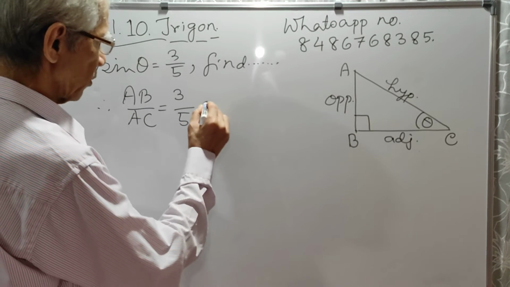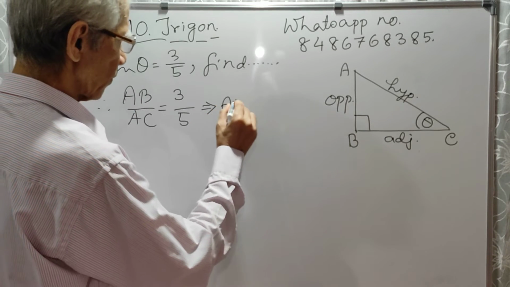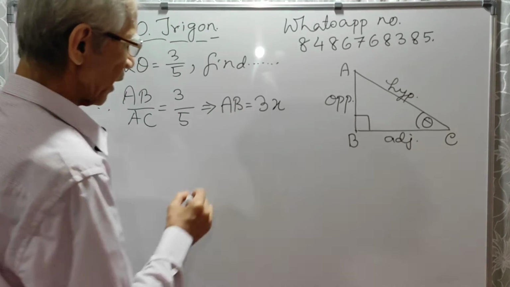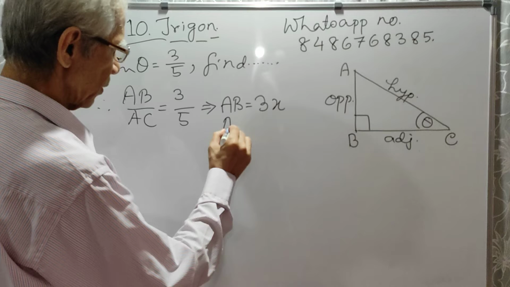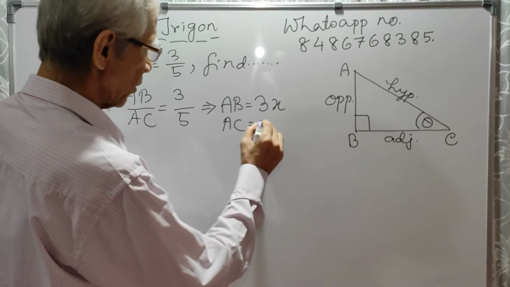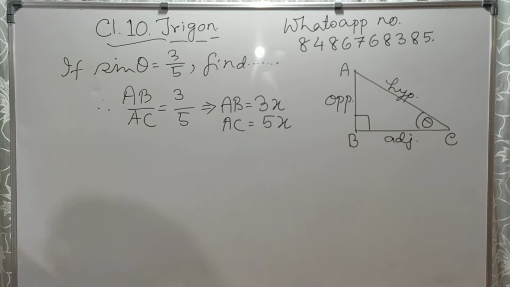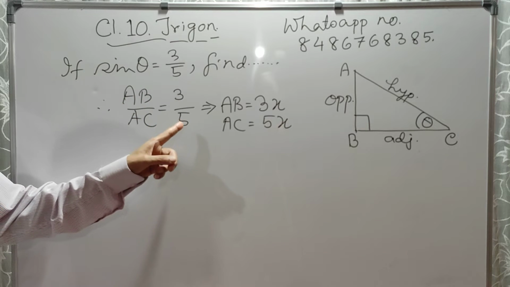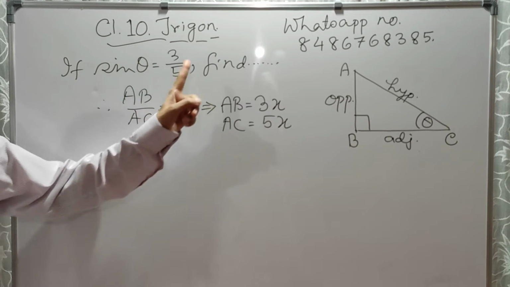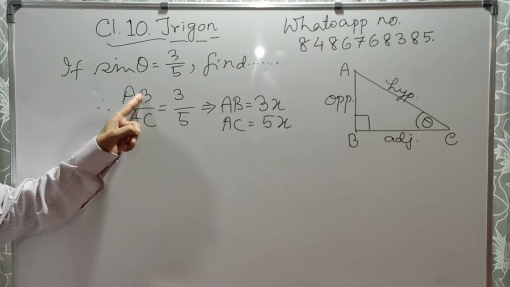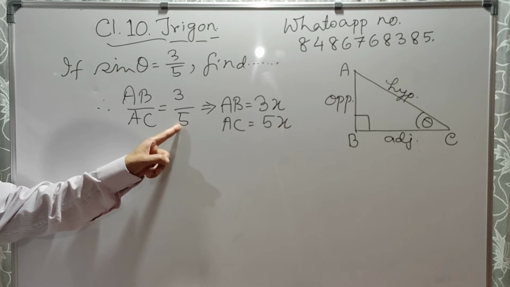Therefore, from here we get AB equal to 3 into a constant. Suppose that constant is x, and AC equal to 5 into the constant, that is 5x. Do not think AB is 3 and AC is 5. AB is 3 times a constant and AC is 5 times a constant. AB by AC is only 3 by 5.